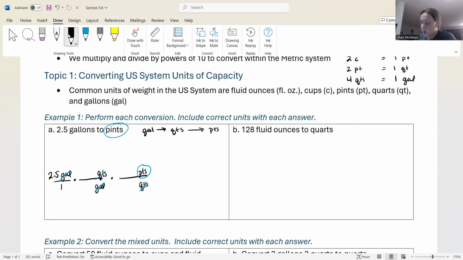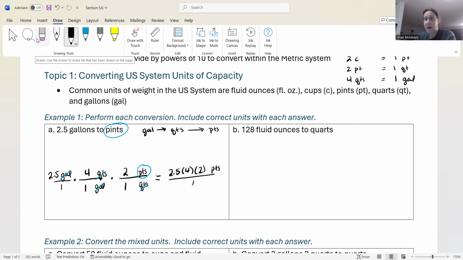So let's fill in some numbers. I know there are 4 quarts to 1 gallon, and there are 2 pints to 1 quart. So when I clean this up, my numerator becomes 2.5 times 4 times 2 pints. And my denominator is really just 1, which doesn't really do anything for us. So let's go to the calculator. Remember, as long as you show me your setup, you can use the calculator for your side work.